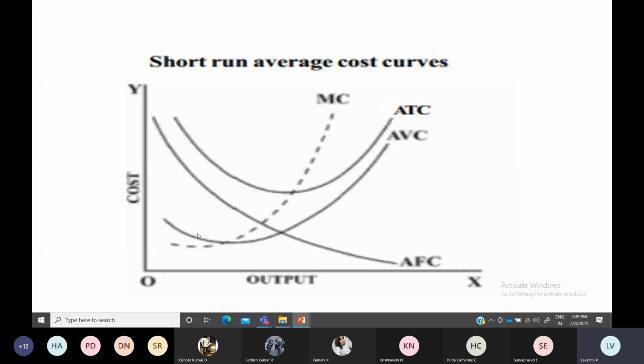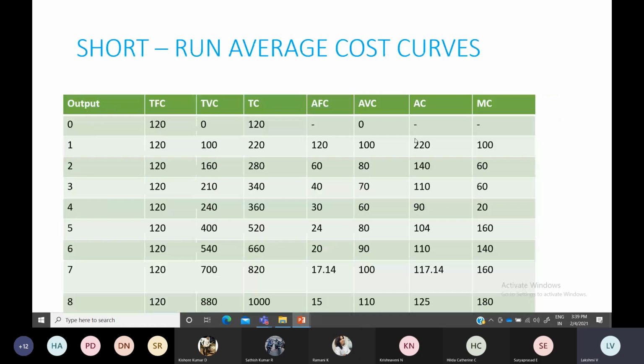Average variable cost, if you see, will decrease, reach a point, and then increase. After a certain point, it starts to increase. Initially the average variable cost was 100, then it came down.